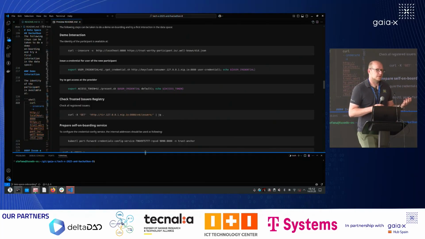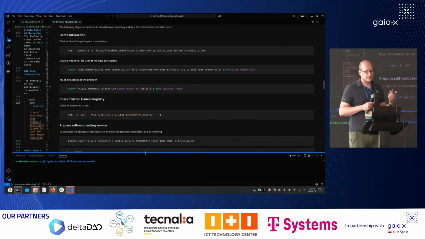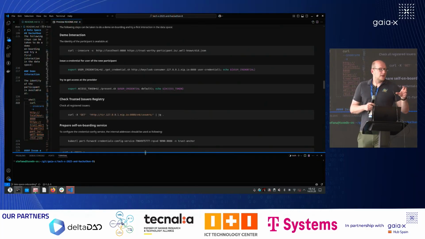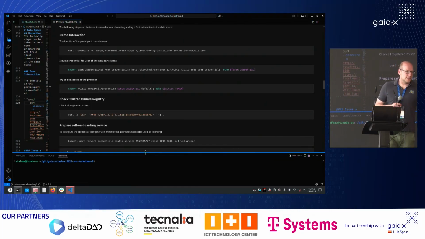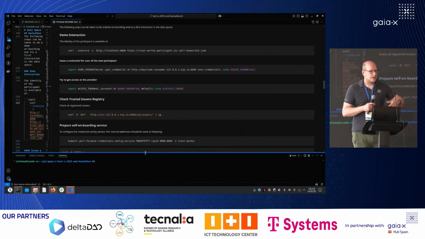So it presents its JSON document, which is the did:web and so on, all that we need to verify the participant. And I also deployed a Keycloak for this participant, so it has the capability to issue verifiable credentials to its employees so that they can act in the data space afterwards. And obviously we also have the trust anchor between both of them, with the architecture that I presented.